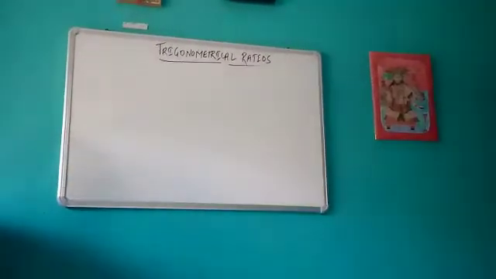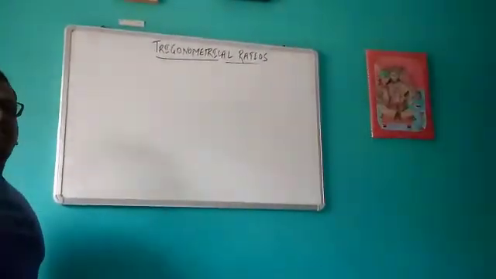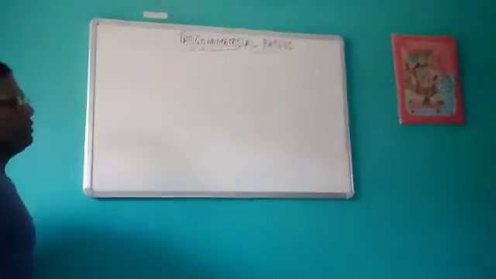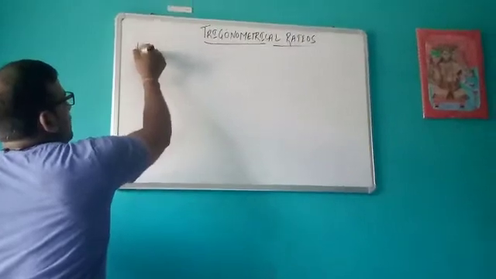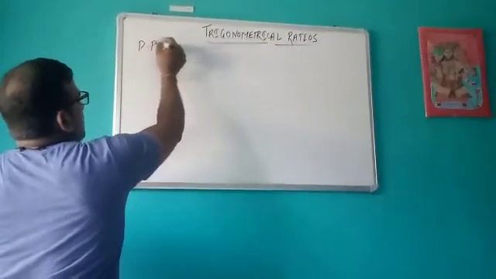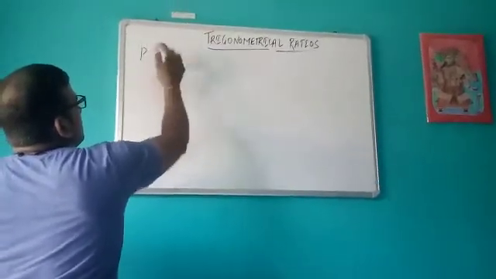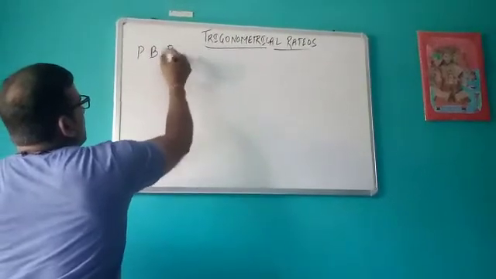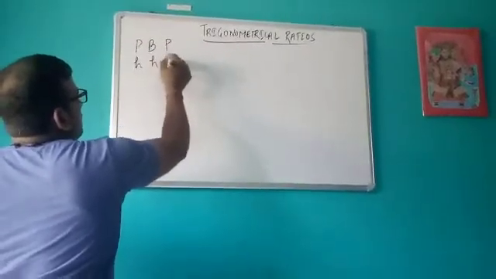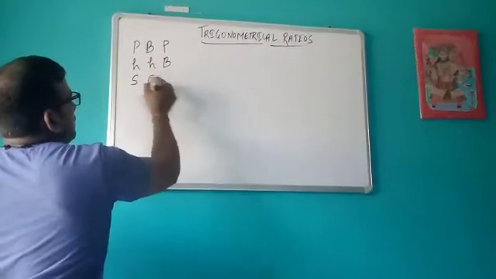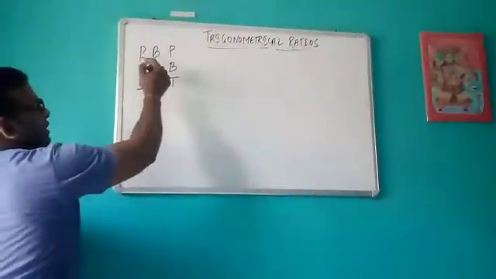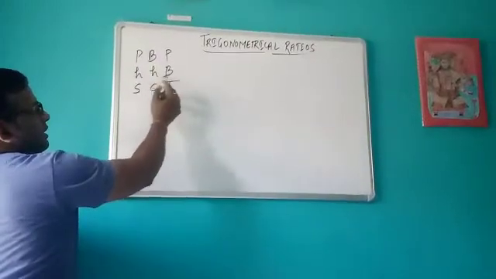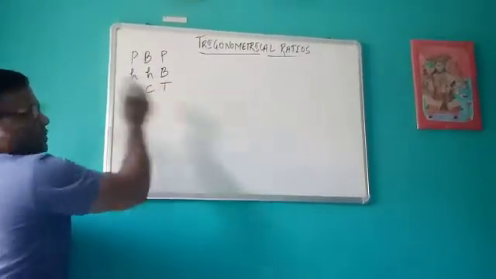Okay, so now we have studied all the 6 trigonometric ratios. Now our tool which you can use to remember the formulas: suppose I write P. So how can you remember this? You can remember it like this: Pandit Badri Prasad har har bole sona chandi tol.